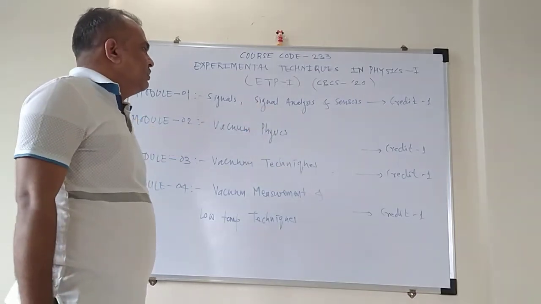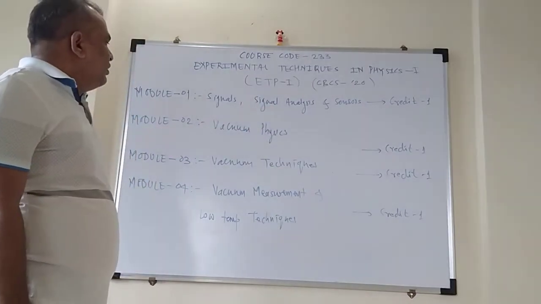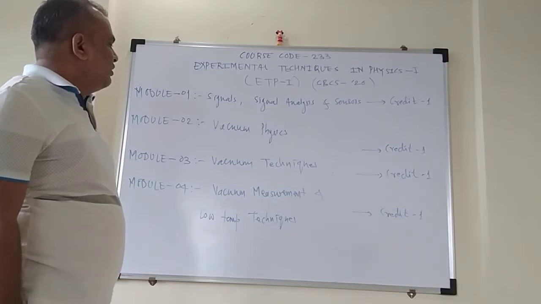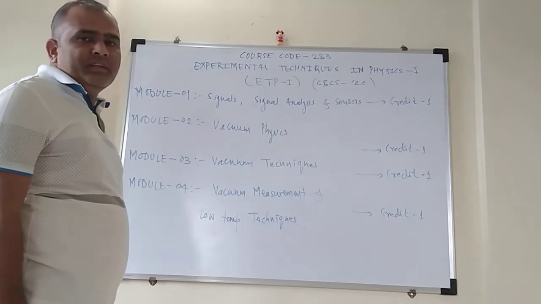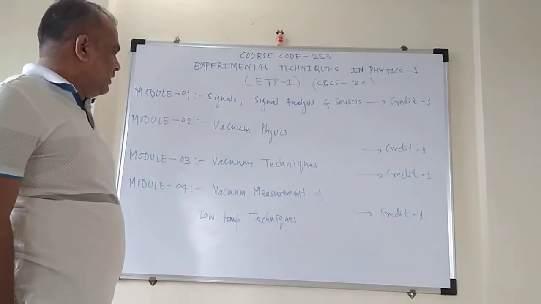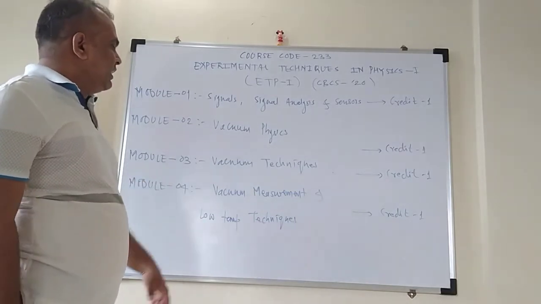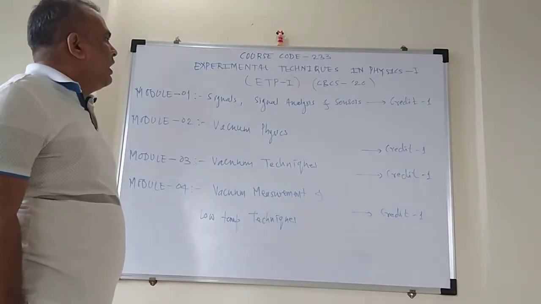So this is your first module. In the second module, we study vacuum physics. That means you will study various kinds of pumps. Fine. And so on in the next 2 modules.